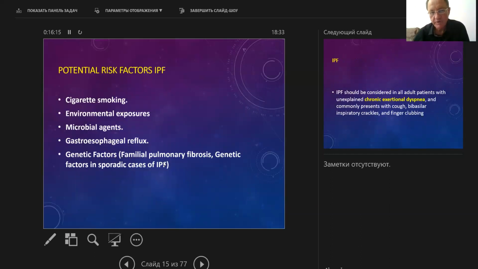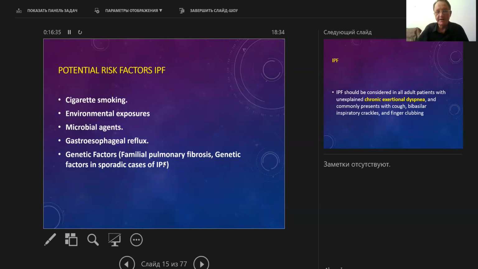Potential risk factors for IPF include cigarette smoking and environmental exposure, microbial agents, gastroesophageal reflux, and genetic factors, for example, a history of familial pulmonary fibrosis and others.